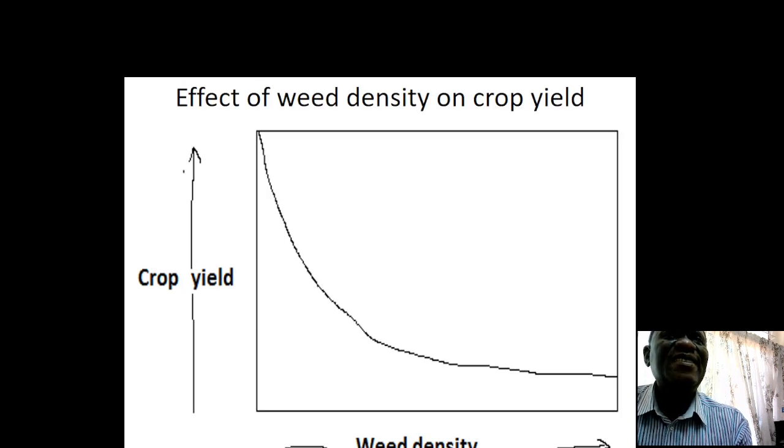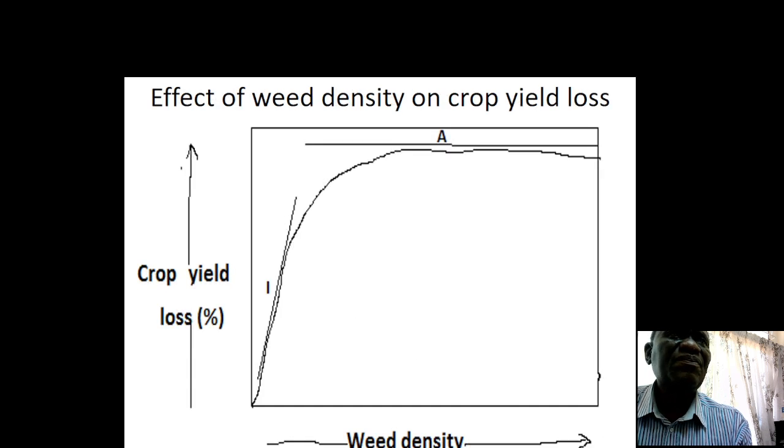So, Cousins' rectangular hyperbola, and on the rectangular hyperbola we can identify two areas or two indices, A and I. A represents the maximum yield loss, and I the rate of loss or the slope, and these can be attached to a weed.